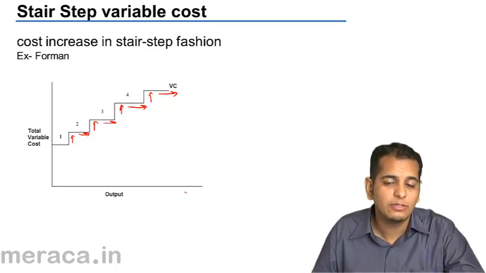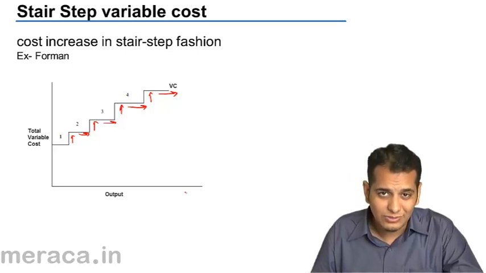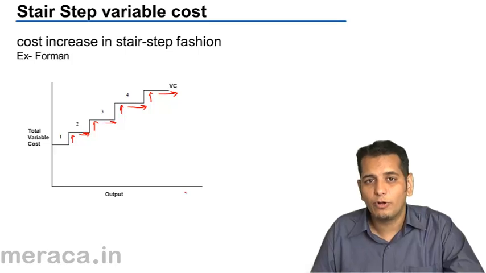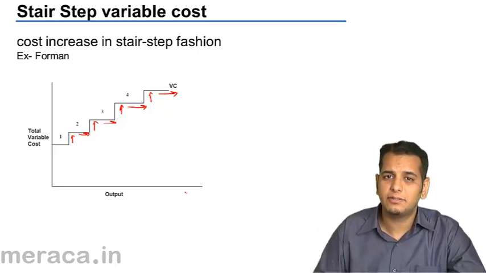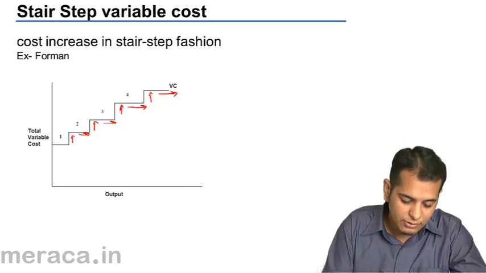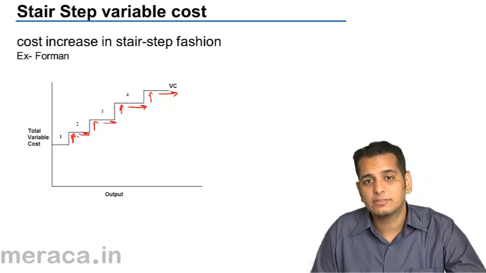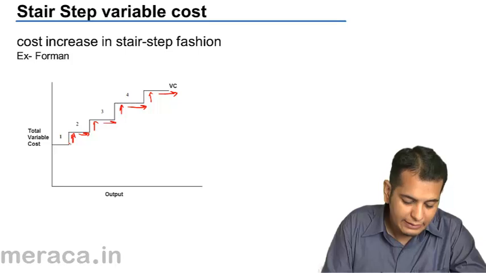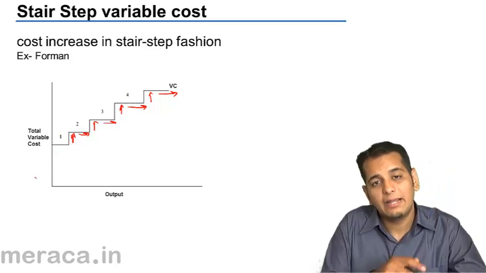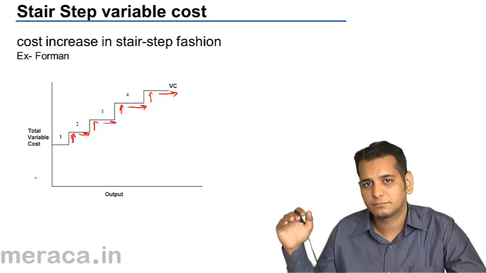Same is the case with four laborers and five laborers. Now suddenly, when you employ the sixth laborer, you will have to buy a new machinery. And what will happen is your cost will take a rise, it will take a jump. It will suddenly rise from there and will again remain fixed for the next 5 employees.